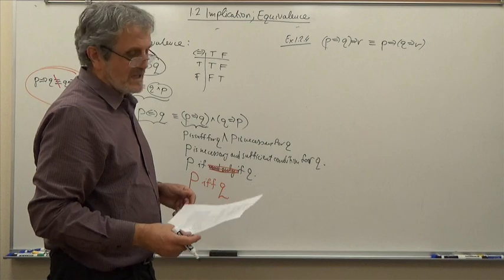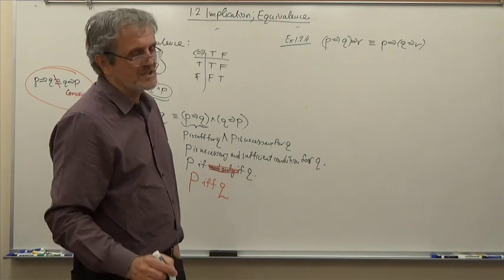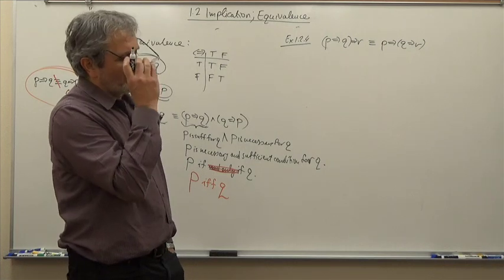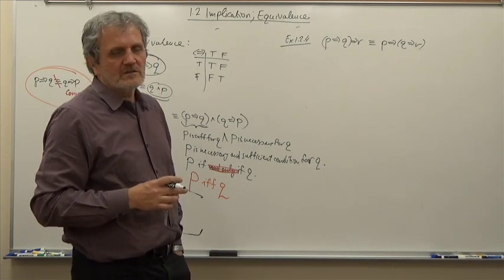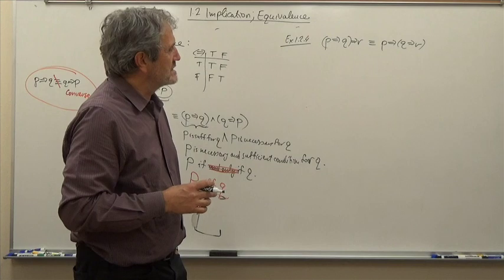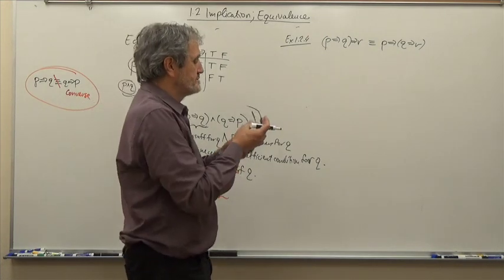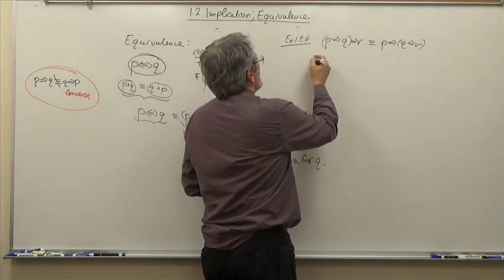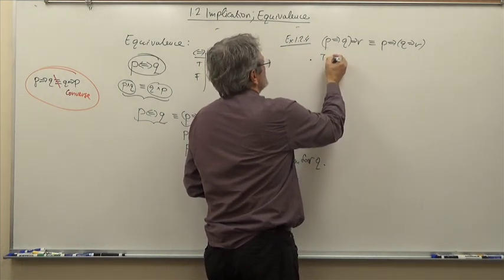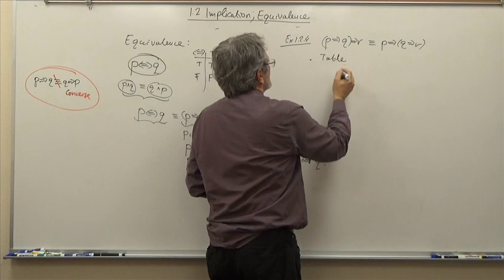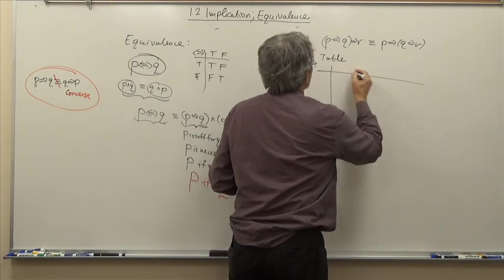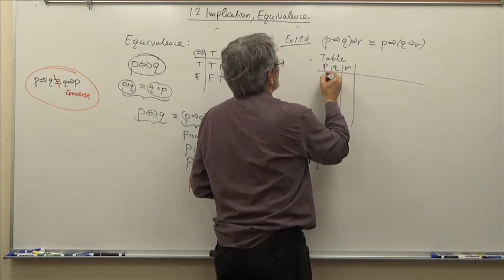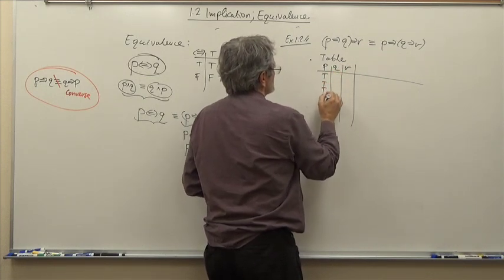So how do we establish that? In my notes, I just gave one line showing the valuation where they are different. But one option is to do the table, and I better do it because it's the first time I'm showing you three letters: P, Q, R. True, true, true, true.